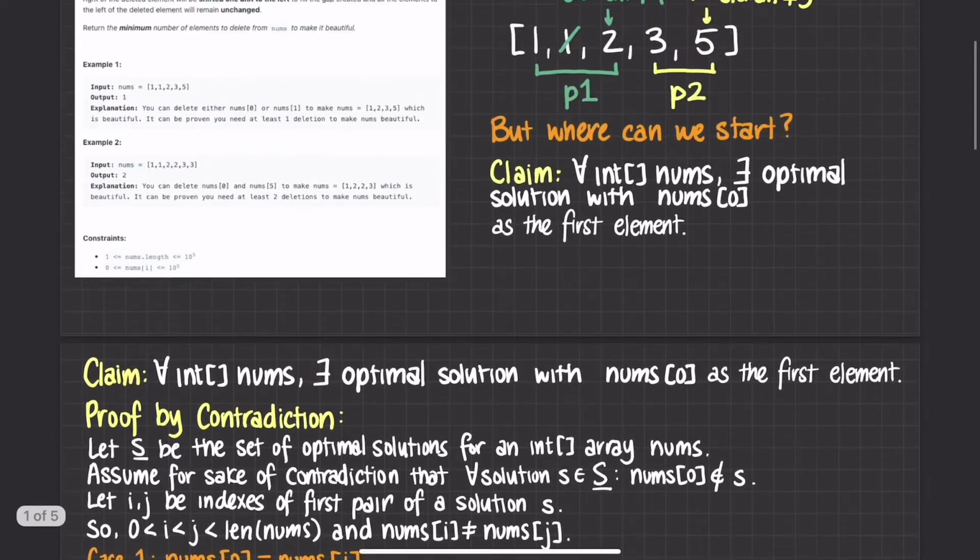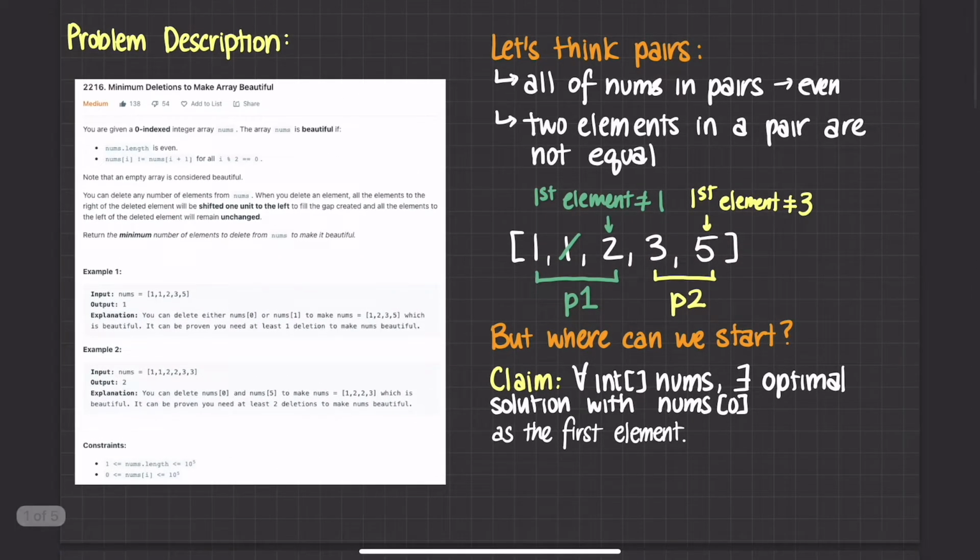And what this means in terms of our implementation is that we can indeed start counting our first pair at index 0 for any array we are given and reach an optimal solution.